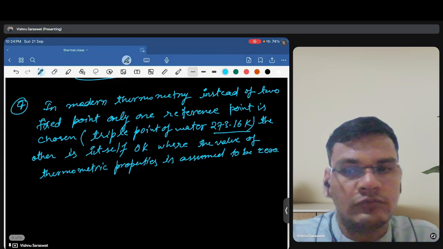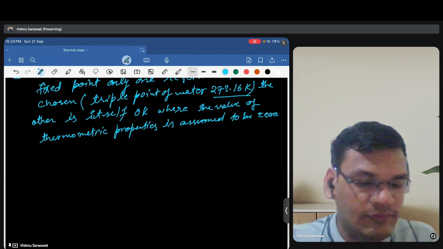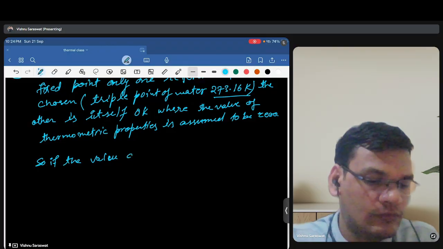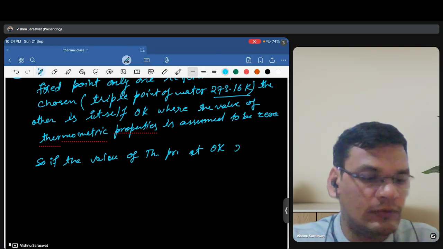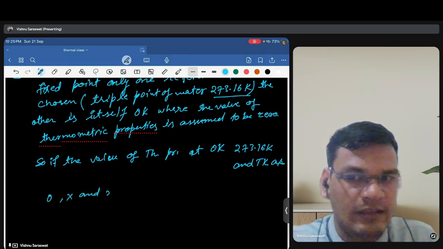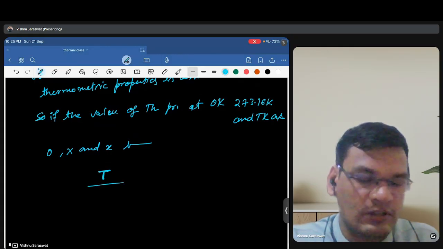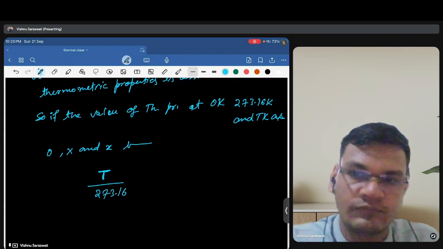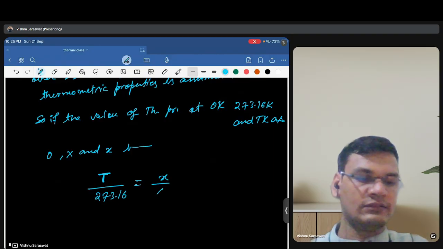So the formula becomes this. If the values of the thermometric property at 0 Kelvin, 273.16 Kelvin and T Kelvin are 0, xtr and x respectively, then T is the temperature on the scale and 273.16 is the triple point of water that we consider. xtr is the value at the triple point.